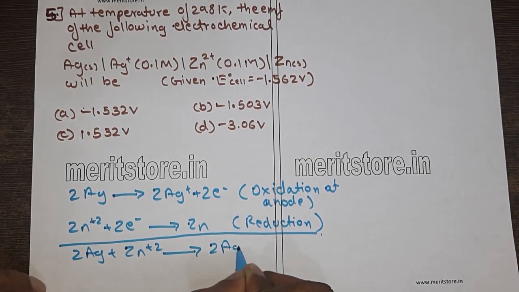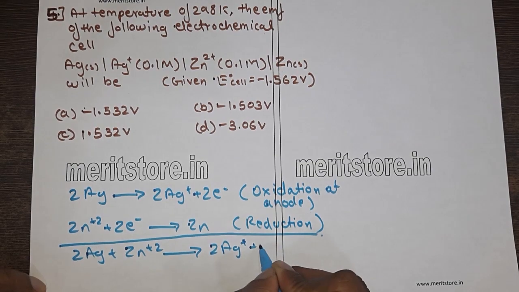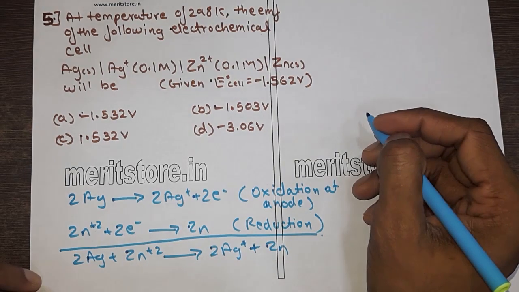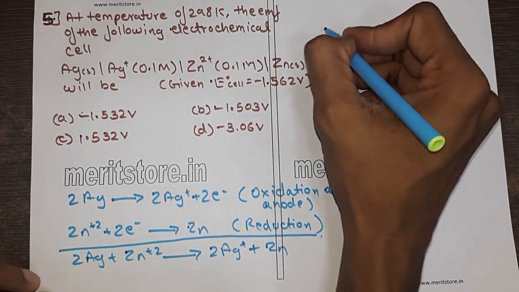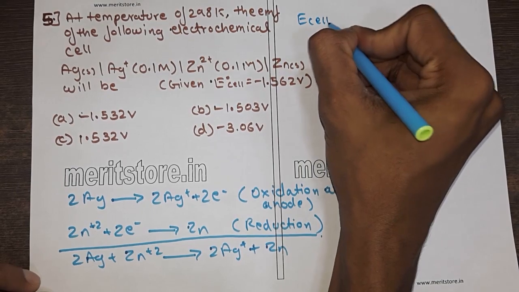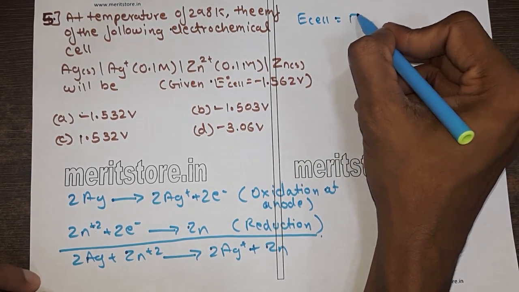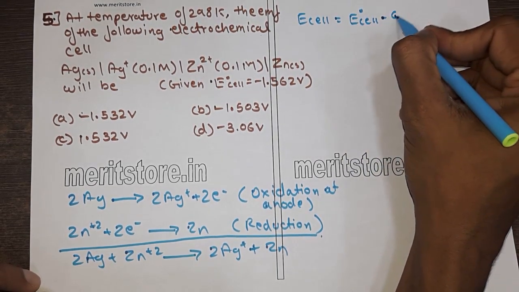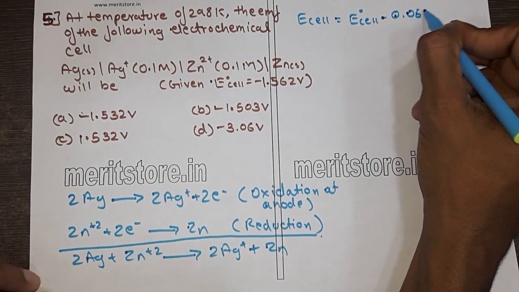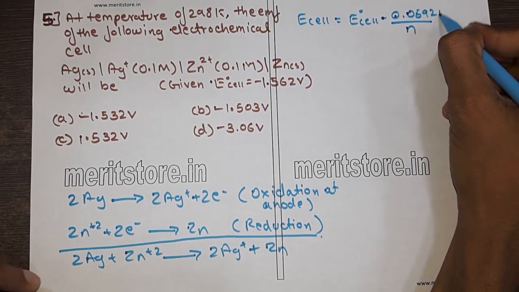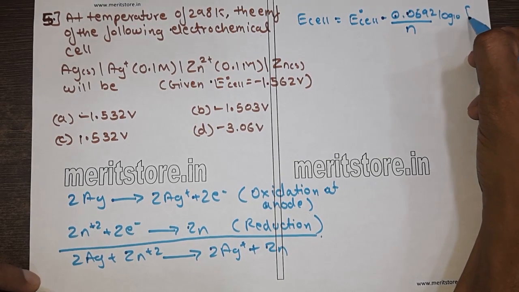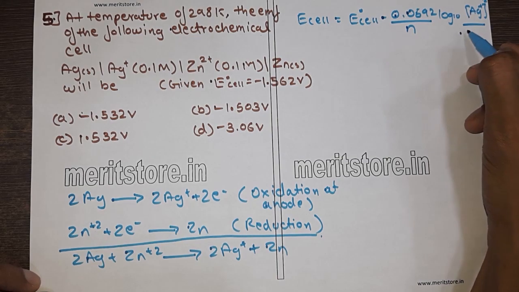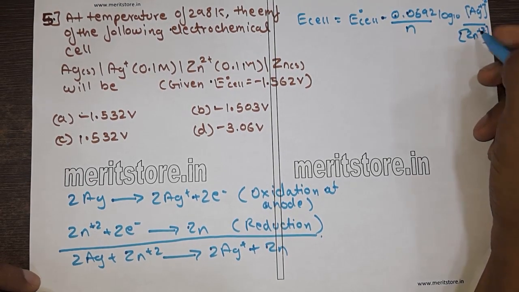So the overall reaction can be written as 2Ag plus Zn2+ gives us 2Ag+ plus Zn. So the EMF of the cell is given as E cell equal to standard cell potential E° minus 0.0592 upon n log to the base 10 of [Ag+]^2 upon [Zn2+].